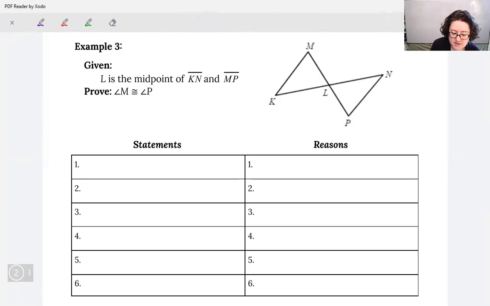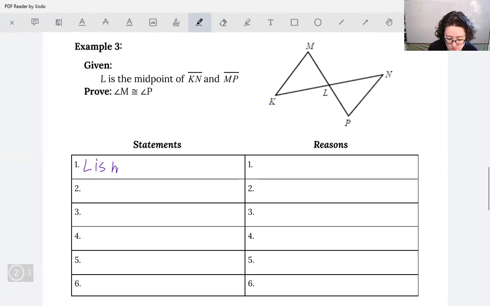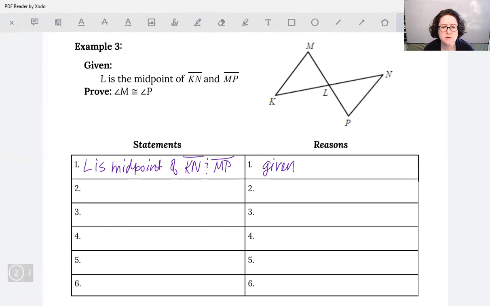So information that we're given, L is the midpoint of KN and MP. That was given information. Well, what did we do with that in our last proof?